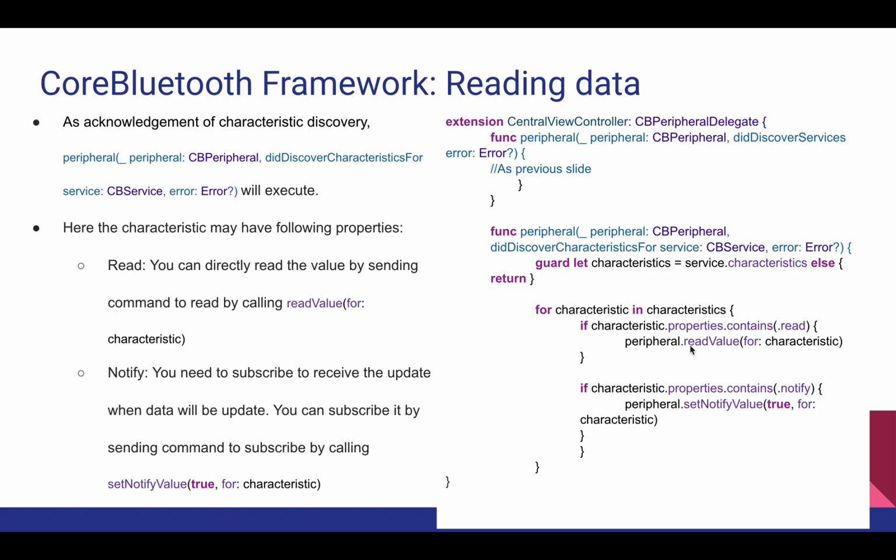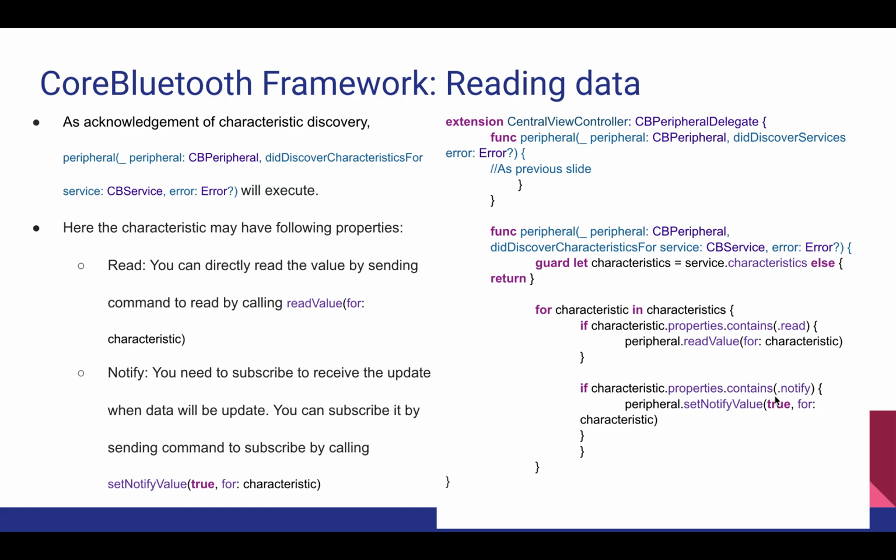If we are calling this method, it means that we are asking the central to read that particular value, right? But if you want to subscribe to the data so that you can read all the further upcoming changes without any further request, then you need to call setNotifyValue.